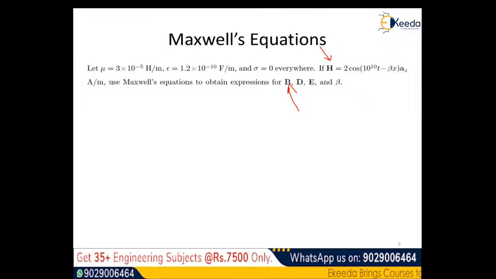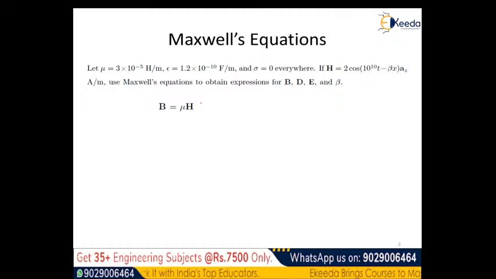The relationship between the magnetic flux density capital B and the magnetic field intensity capital H is given by the equation capital B is equal to mu into H. In this problem statement we have already been provided the vector H, so that is a known value, and the constant mu multiplied with this H is also known. So a multiplication of two known values is much simpler.